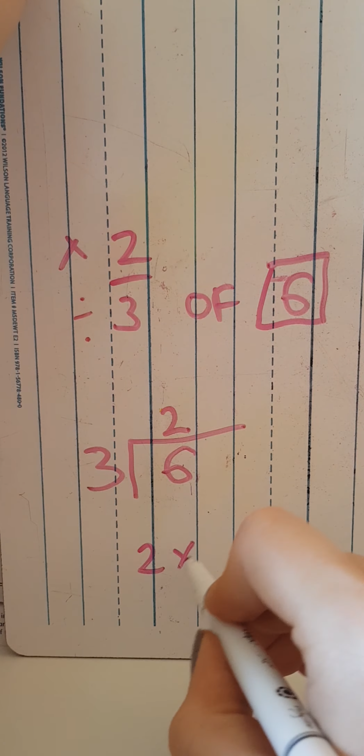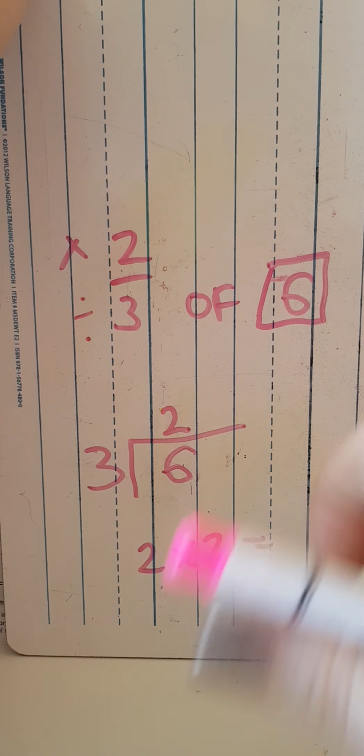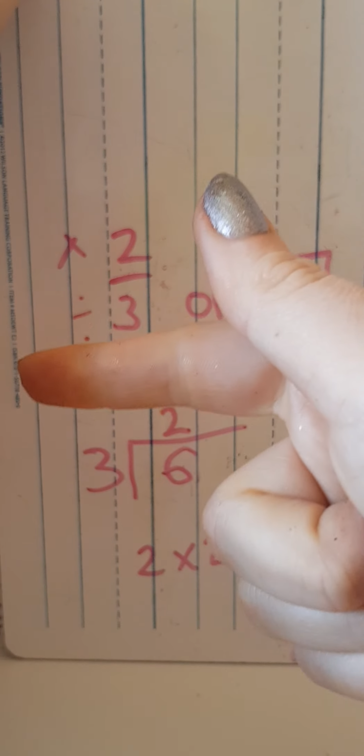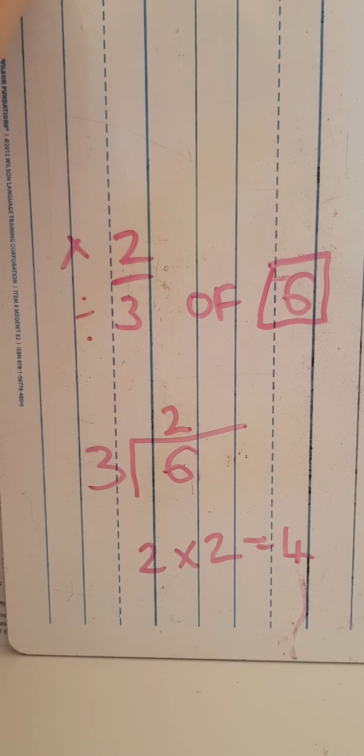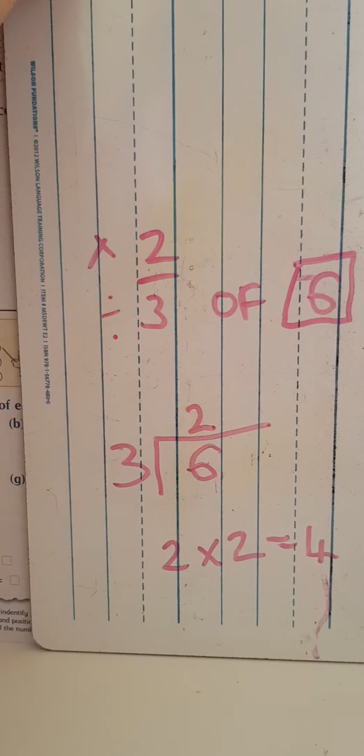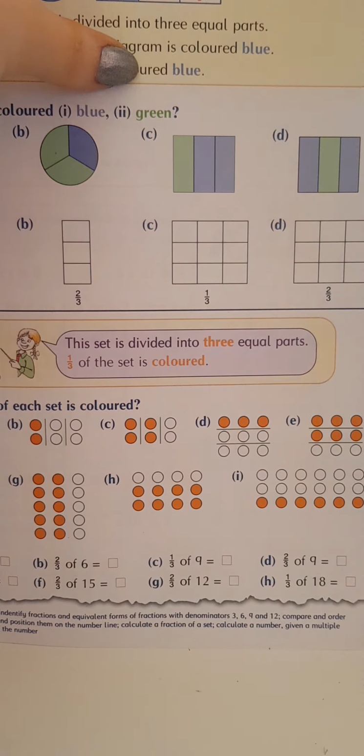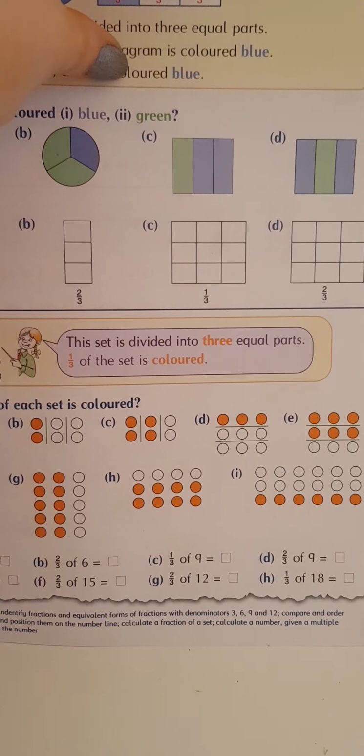Down here, 2 multiplied by 2 equals 4. It's the same answer. So whichever way you want to do that with fractions, you can. You can either use the tables, or you can use drawing it out like they did in the book and figuring it out that way. Both ways are perfect, and they're both right as well.